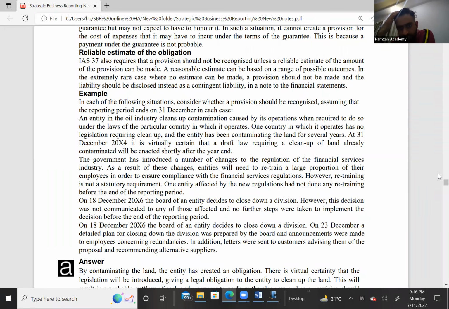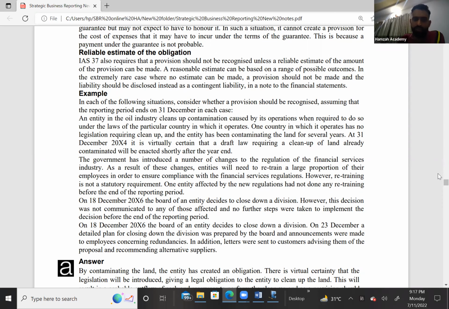One country in which it operates has no legislation requiring cleaning up. The entity has been contaminating the land for several years. At 31st December 2004, it is virtually certain that a draft law requiring a cleaning up of land already contaminated will be enacted shortly after the year end.